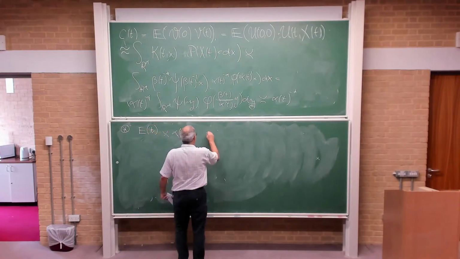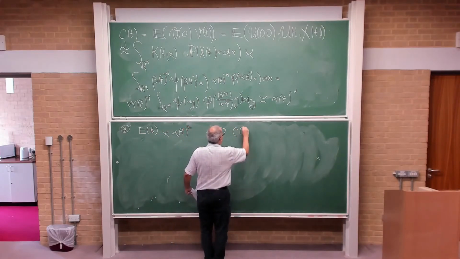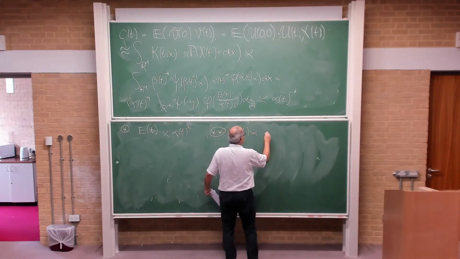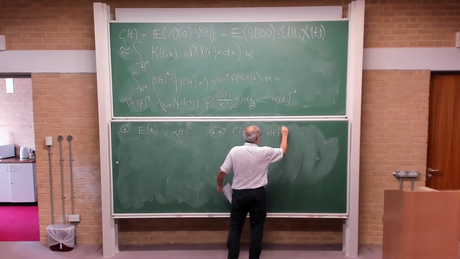The second one I just derived, that C(t) is (alpha t) to the minus d.